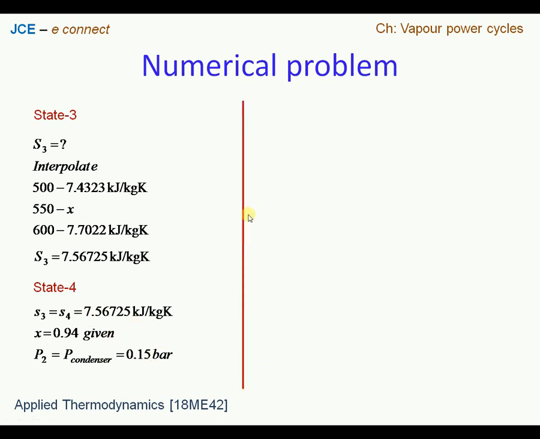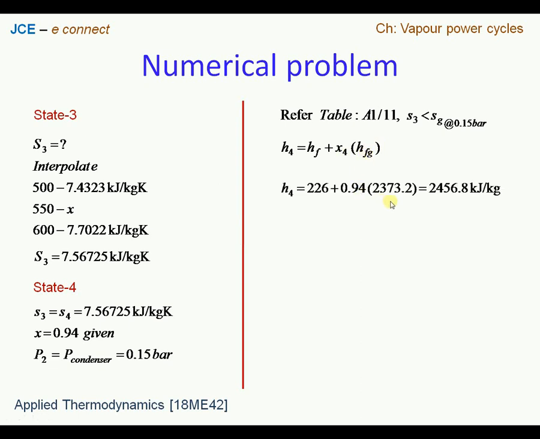Since the point is within the saturation dome, we have to apply the equations pertaining to the two-phase region. Therefore we can write H4 is equal to HF plus X into HFG. H4 is unknown to us, but we know HF pertaining to 0.15 bar, that is 226, and X4 is 0.94, and HFG we have to note from the data table corresponding to 0.15 bar.